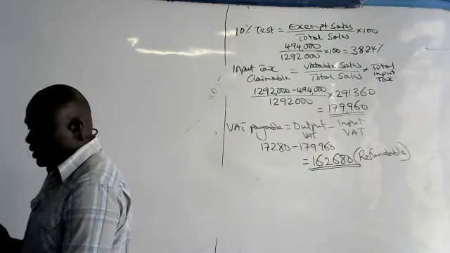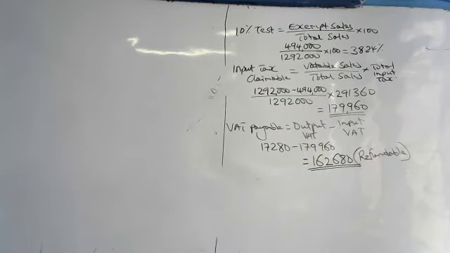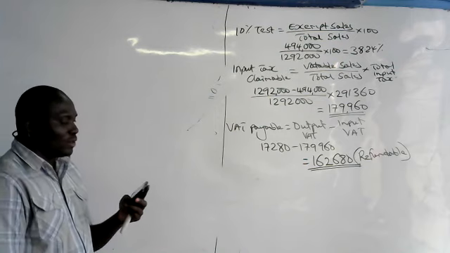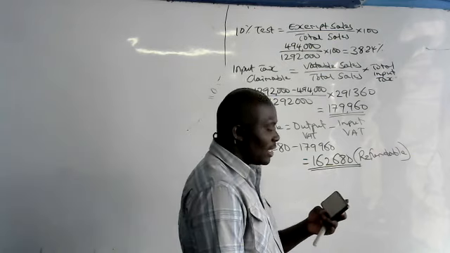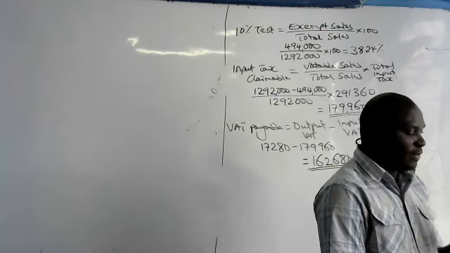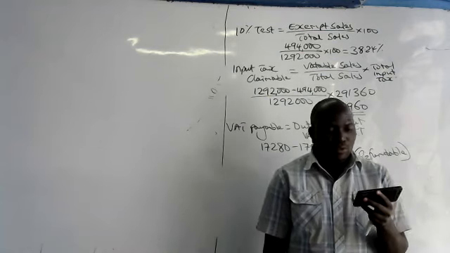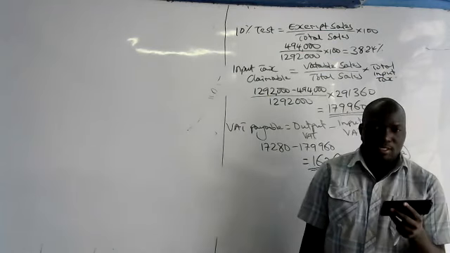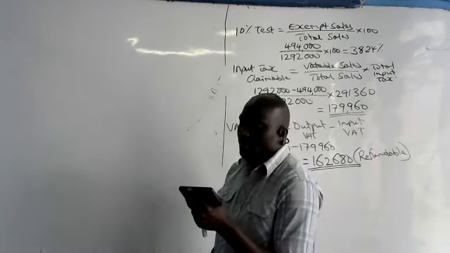Now the next question. Limited provided the following information relating to the sale of a property in the year 2020. Sales proceeds were 2 million and the incidental costs were legal fees 100,000, advertisement 50, agent's commission 200, and valuation 150. So just any costs.